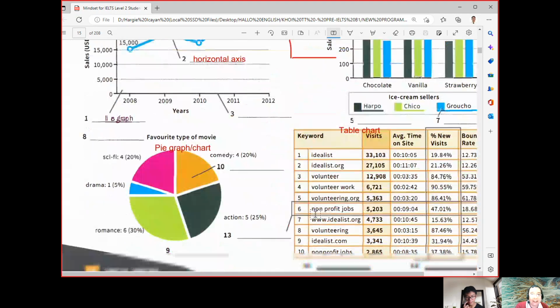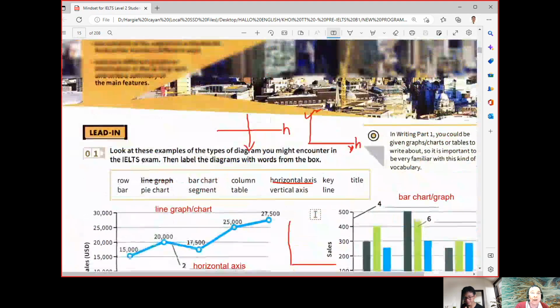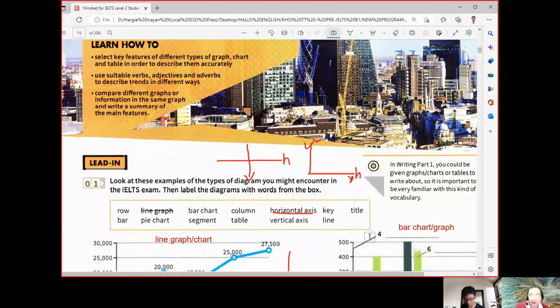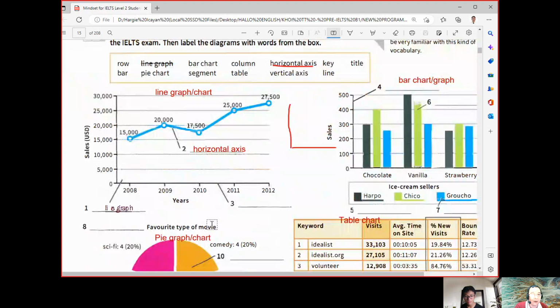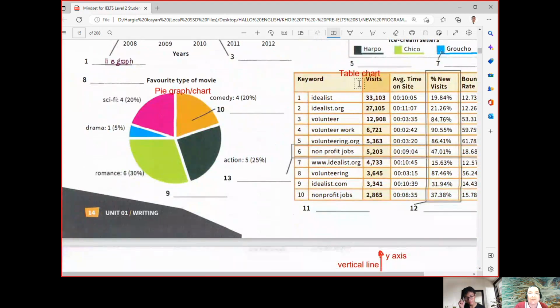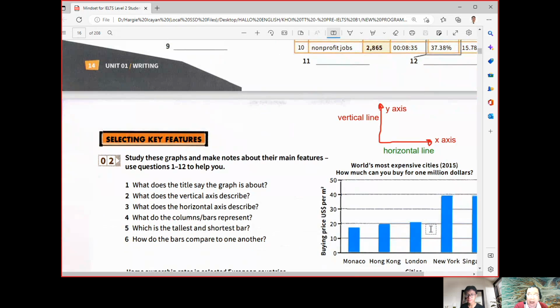We should understand that there are different kinds of graphs. We have the line graph, the bar graph, the pie graph, and also the table or chart. Every graph or chart, for example a line graph, has a vertical line and a horizontal line.